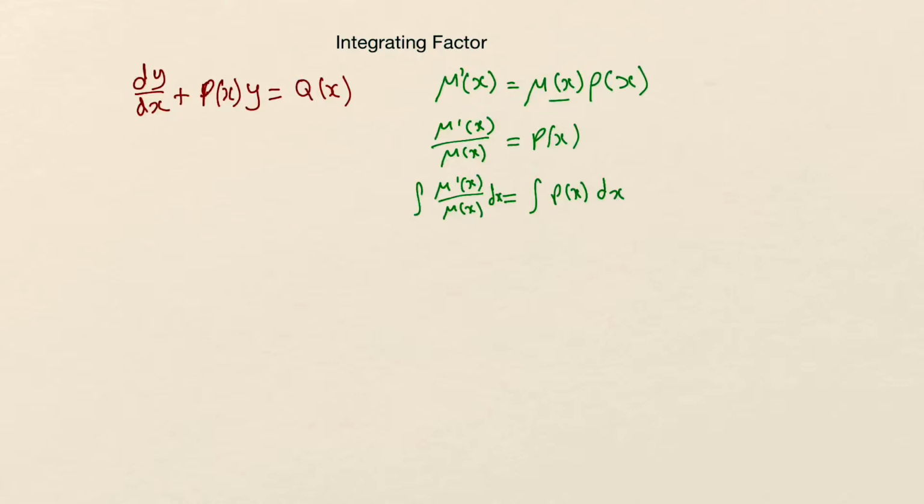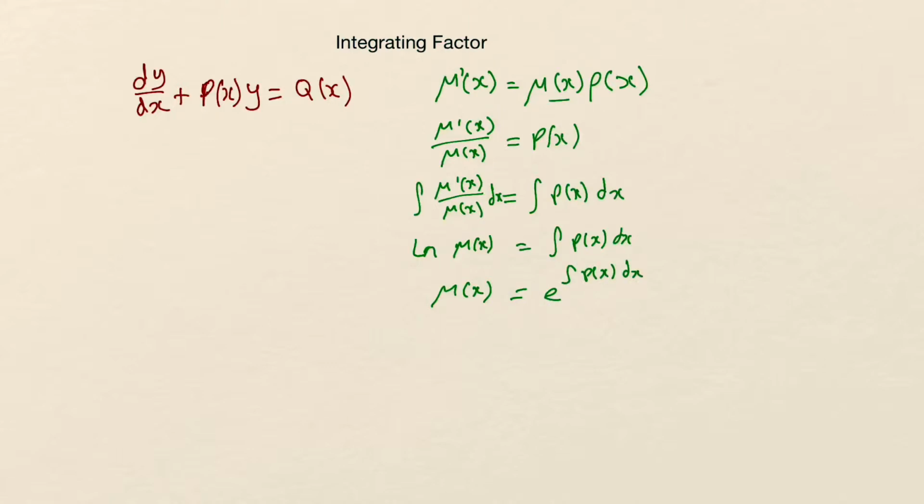We know that the integral of any derivative divided by the original function is the logarithmic value. So we've got the log of mu of x is equal to the integral of p of x dx. Then using exponentials, we can have that mu of x is equal to e to the integral of p of x dx.